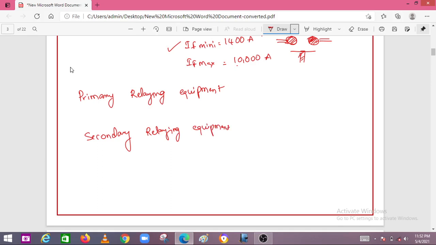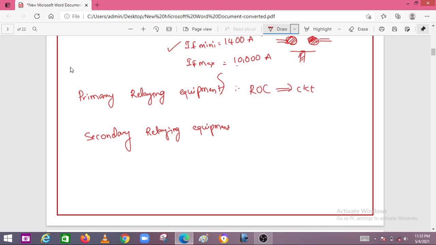Primary relaying equipment means the relay operating coil, ROC, is directly connected in the circuit. Just now we discussed in the diagram that the relay operating coil is directly connected in the circuit which is to be protected. That is called primary relaying equipment.